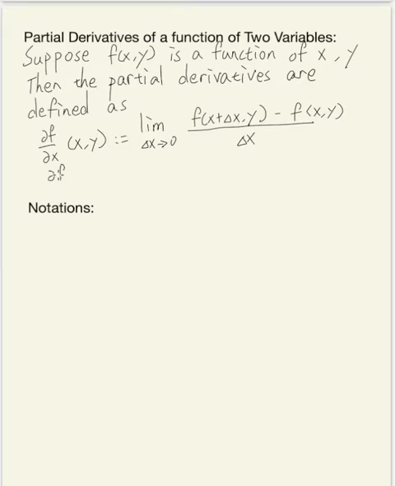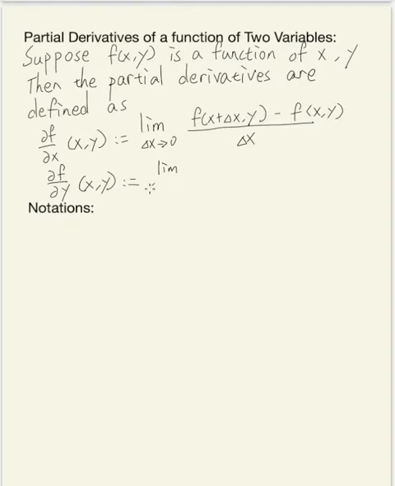Similarly, the partial derivative with respect to y, df dy of x, y, is the limit. Instead of adding a delta x behind x, we add a delta y after y.